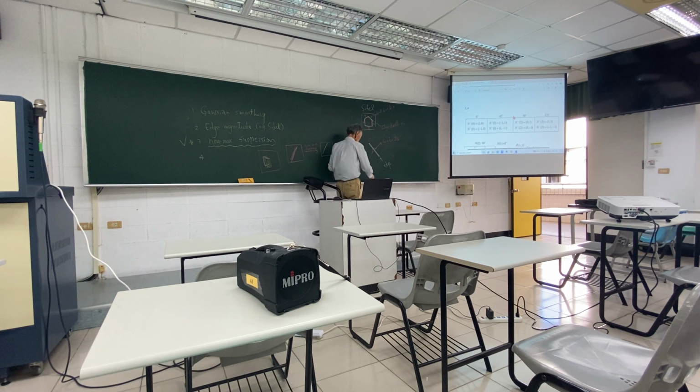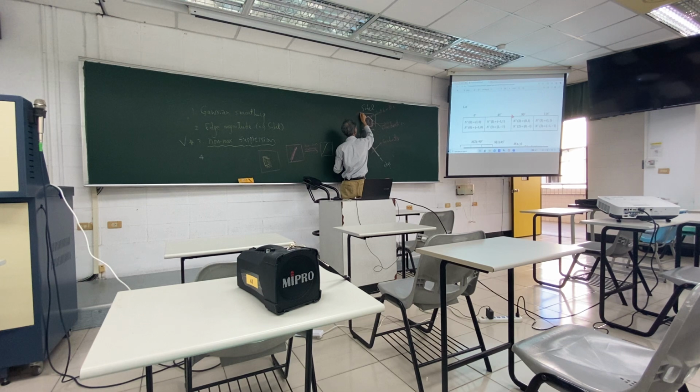So for us, this is the so-called 0 degree. For this one, this is 45 degree. For the point here, that will be 90 degree. And for the point here, we have 135 degree.